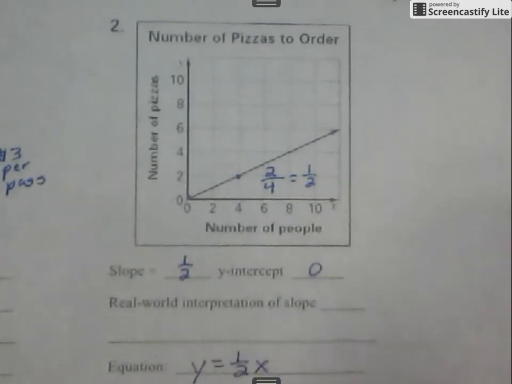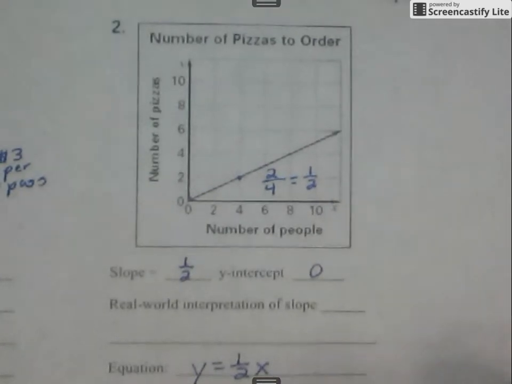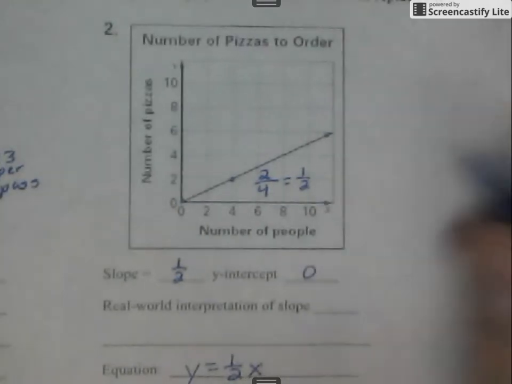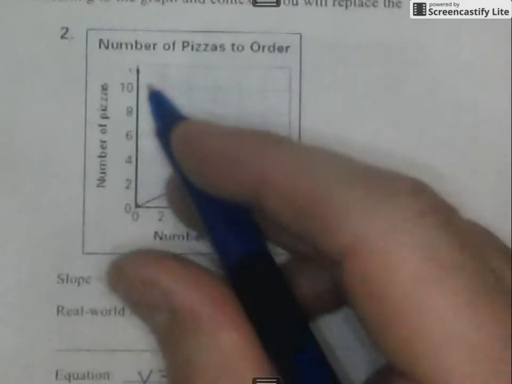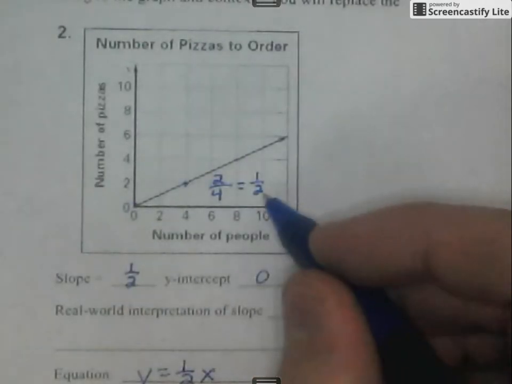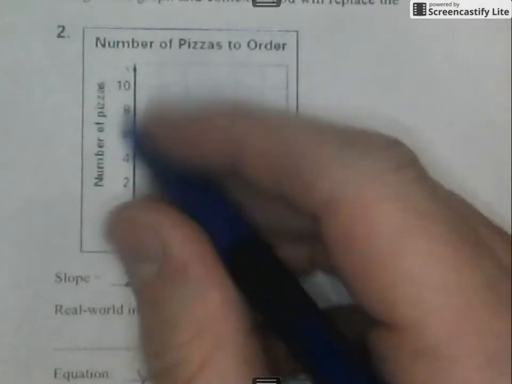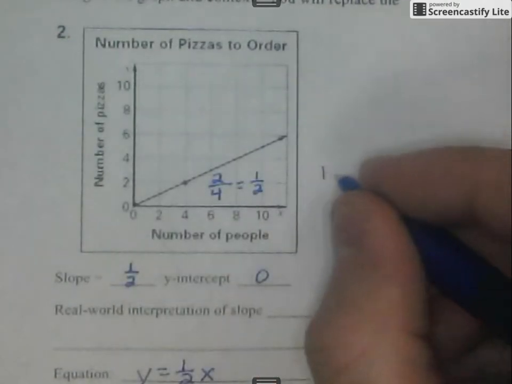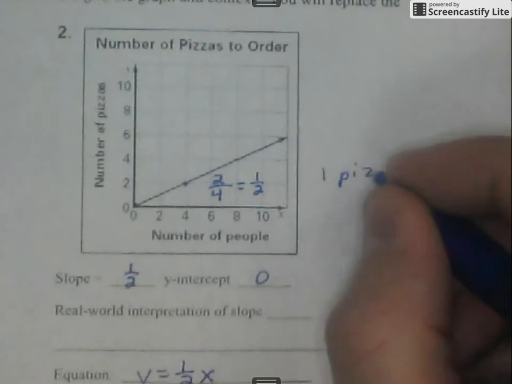Now, I don't need to write plus 0 because anything plus 0 is just the number that it's being added to. So 1/2 x plus 0 is just 1/2 x. For the real-world interpretation, we need to think about what's on the y-axis because y is on the top, x is on the bottom. On the y-axis, we have the number of pizzas. So we know 1 pizza. We know the division sign is per.